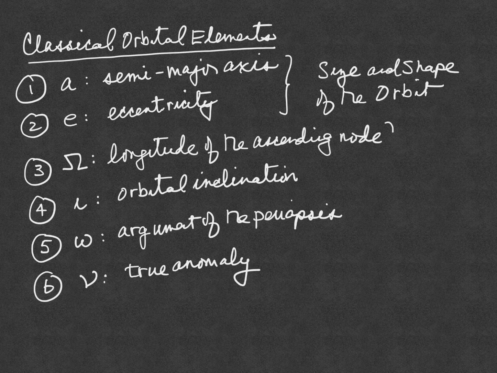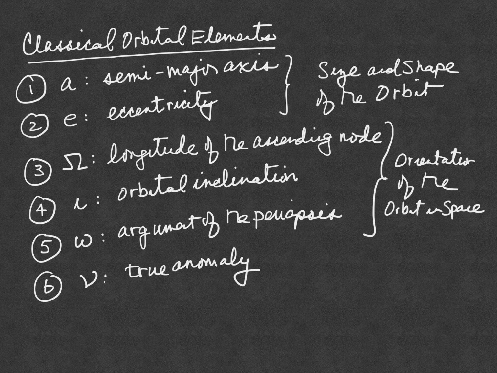These right here are a way of being able to provide the orientation of the orbit in space. Because without that, we have no idea what the alignment is of all these quantities on the orbit. So we need to know the orientation of the orbit in space.